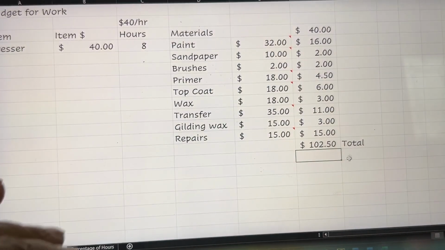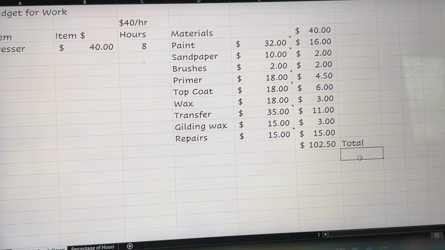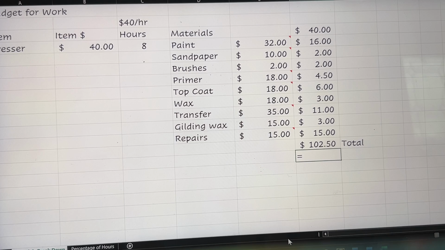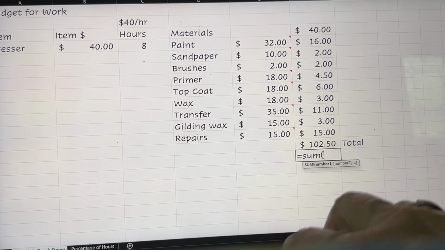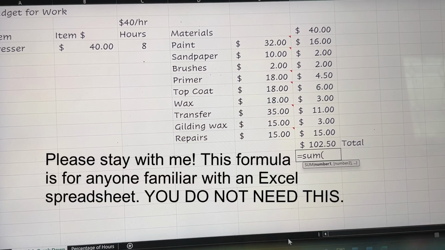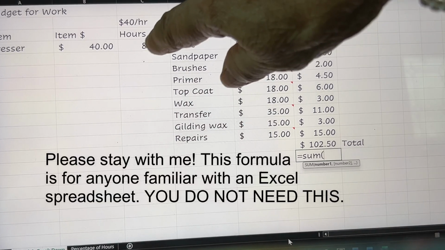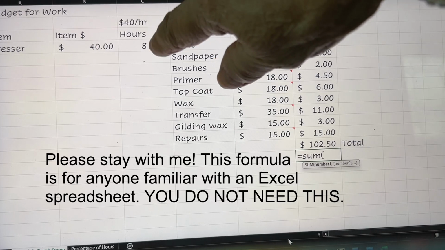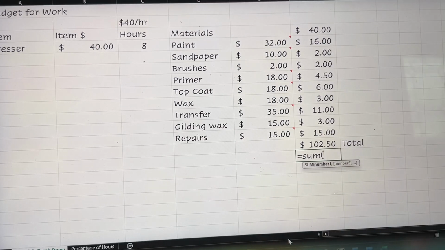Now down here I am going to put a little equation in here. It's equals SUM, open parentheses, and we have, let's see, 8 is under C, don't be scared if this bothers you.